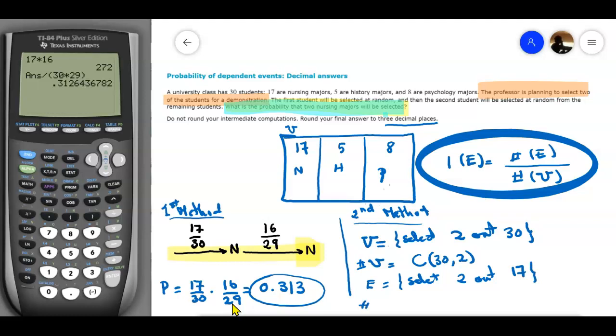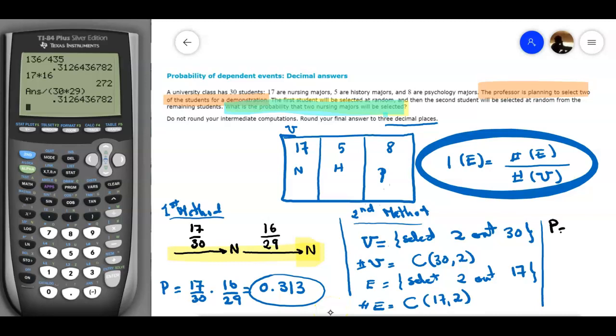And the number in E is a selection, which is a combination of 17, 2. So the probability equals the number in E, which is C of 17 comma 2, divided by the universal set, which is C of 30 comma 2.